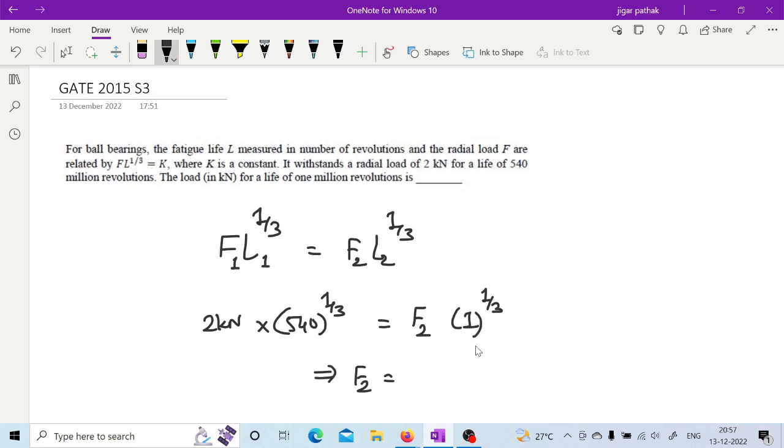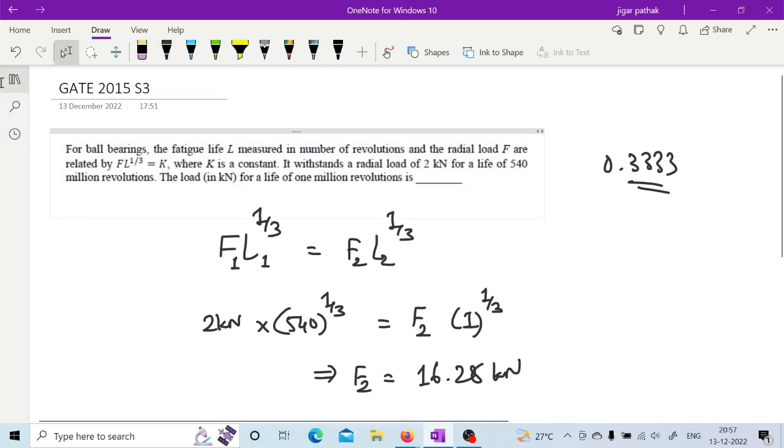Actually 1 by 3 is better, because 1 by 3 is 0.33333, so 1 by 3 is not 0.3, right? Are you getting? Yes, sir. So it is better to go with 1 by 3. So it will come around 16.28 kilonewton or something like that, right? Yes, sir. Okay, so let us go to the next one.